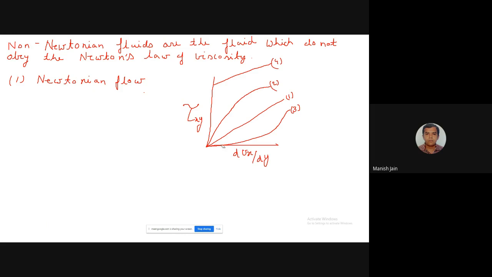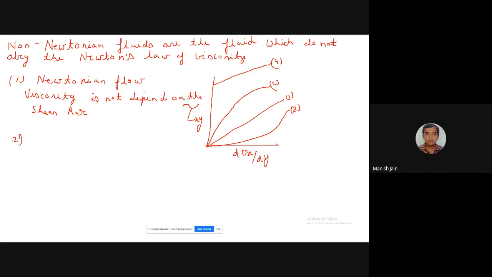Here viscosity is the slope of this curve, which is a constant value, so viscosity does not depend upon the value of the shear rate. So this is the first type of curve, the most common fluids, Newtonian fluids.